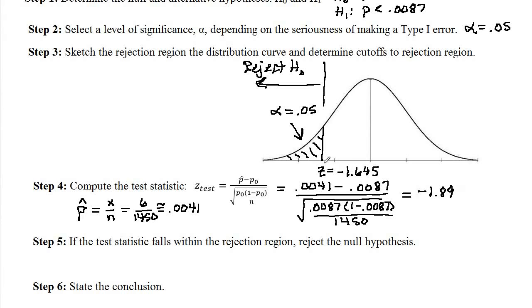So negative 1.645 is here, negative 1.89 is going to be to the left, about maybe right there. So this is our test statistic. So that's our z-test, and it is negative 1.89.